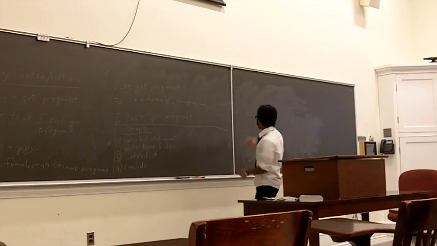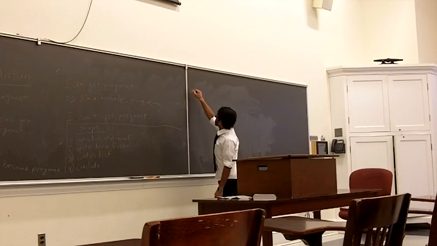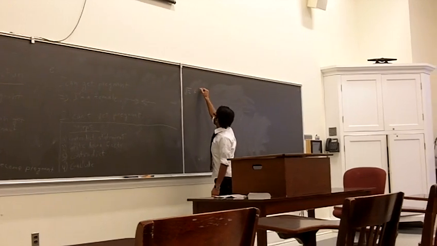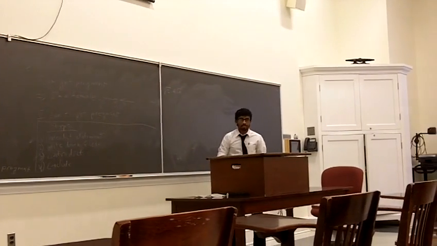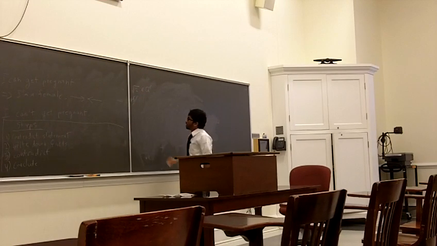Can I put it here? Yeah, okay. So let's say radical 2 is an irrational number. How do we do the proof? Let's assume not.